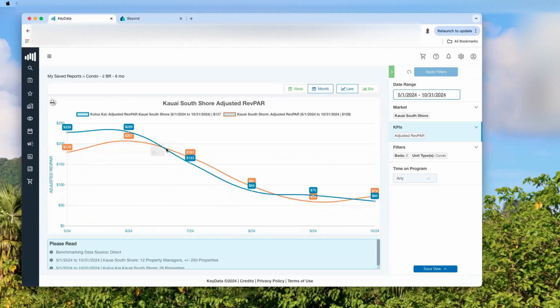And you'll see in this one, this is 2 bedroom condos, we've still got a little bit of work to do in this July and August range. I believe the last time we did pricing, we made adjustments to that area, and this curve here is shallower than it was last time we talked. So we know that our adjustments are making the progress that we want them to.